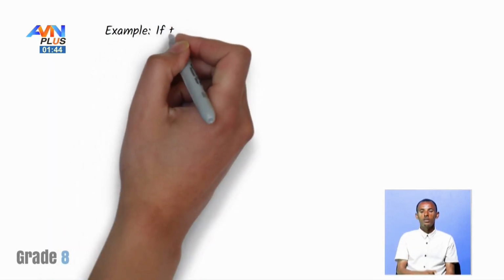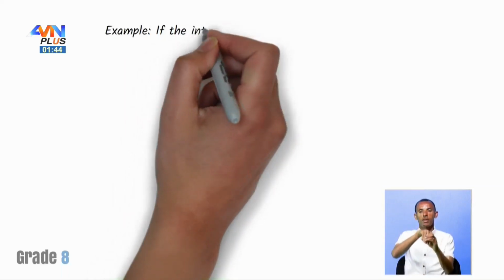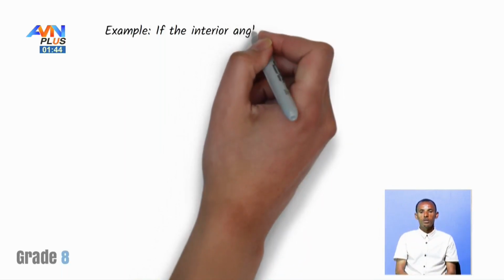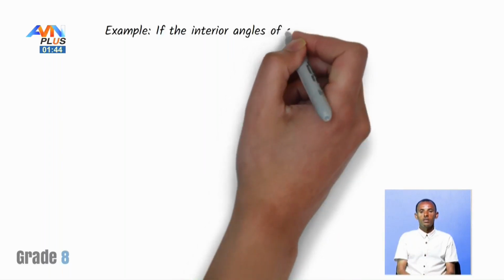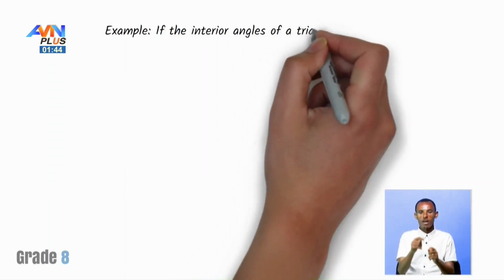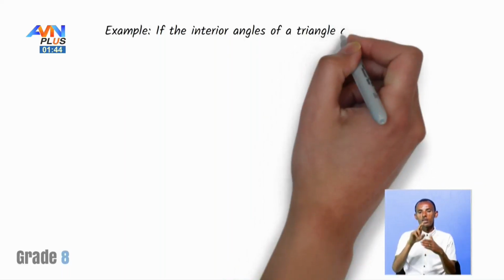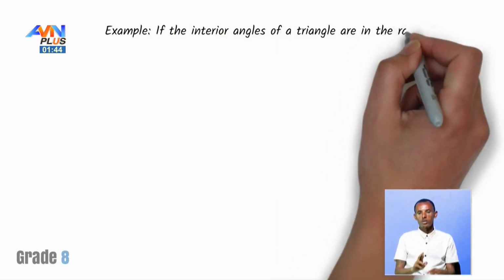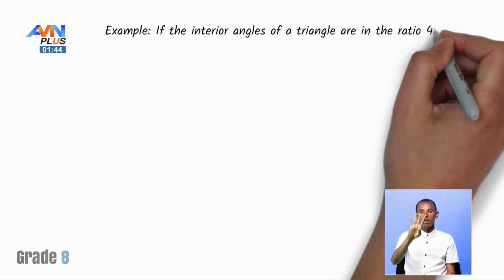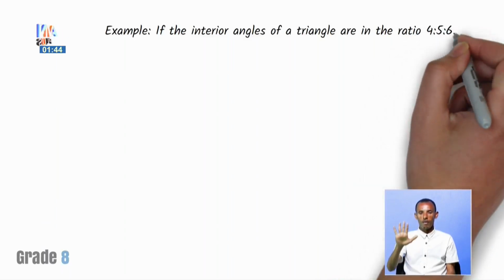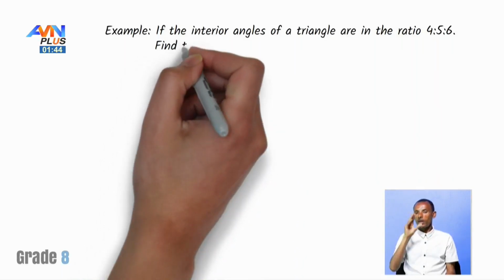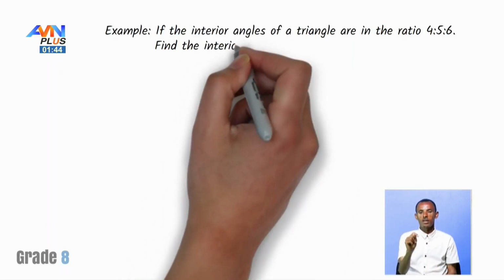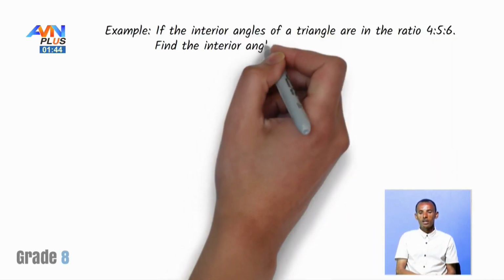If the interior angles of a triangle are in the ratio 4, 5, 6, find the interior angles.